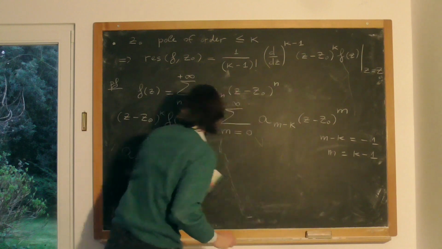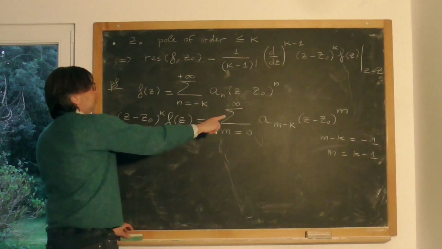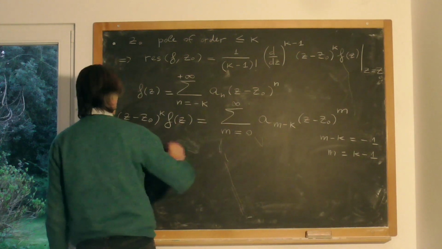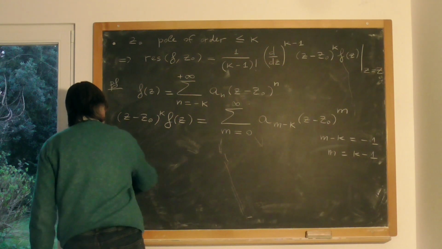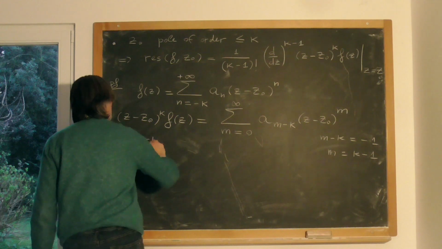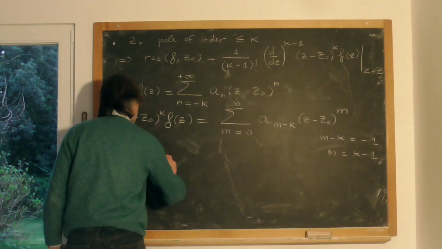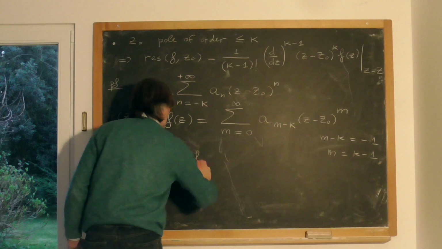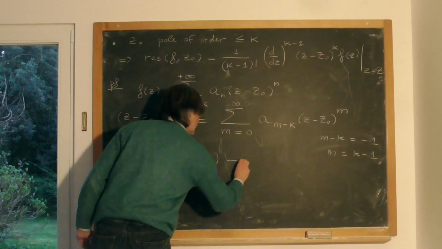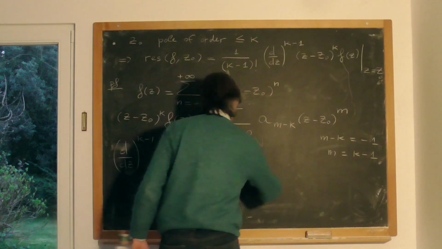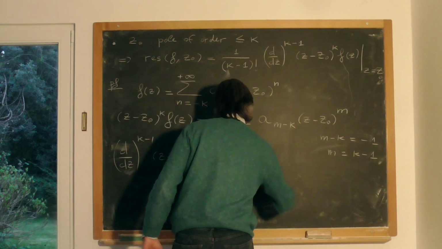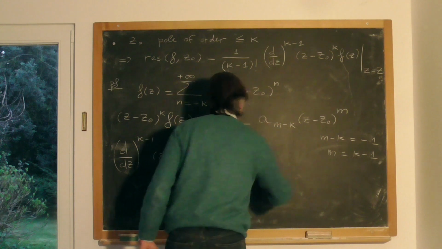Or maybe let's write like this. If we derive k minus 1 times, d^{k-1}/dz^{k-1}, of this function (z minus z naught)^k f of z, what is this derivative? This is the sum, m goes from 0 to infinity.